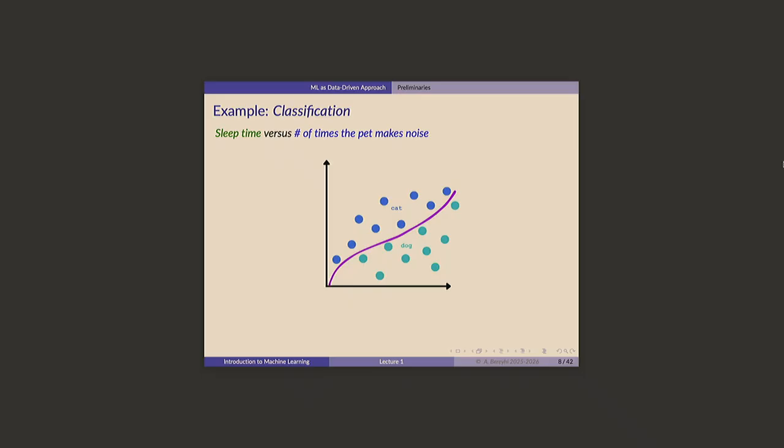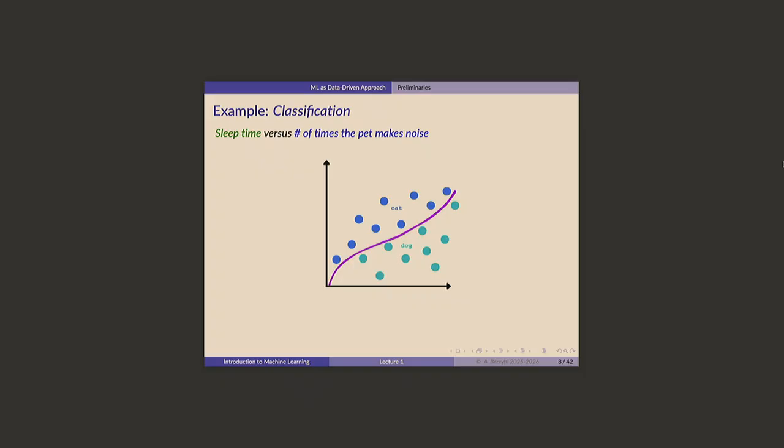What is classification? Well, look at this chart here again, this diagram. I have these points, and they are collected for many samples. I am going to some pet store, and this pet store has cats and dogs, right?